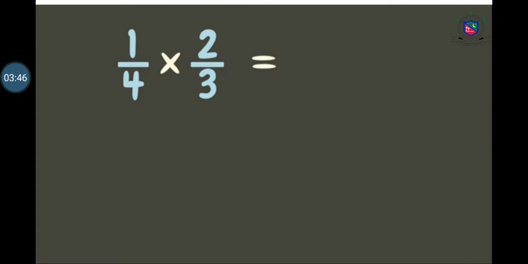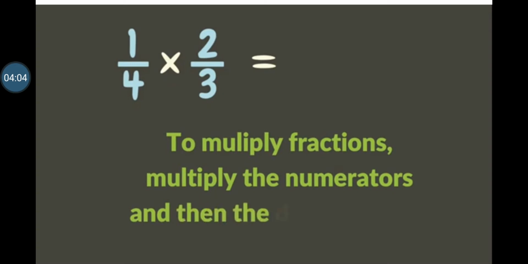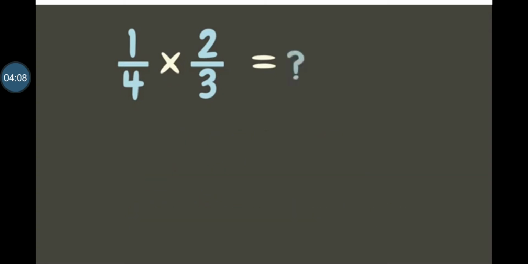So my dear students, now let's try some examples to learn more about this. Here is 1 upon 4 times 2 upon 3. To multiply the fractions, we simply multiply the numerators and multiply the denominators.